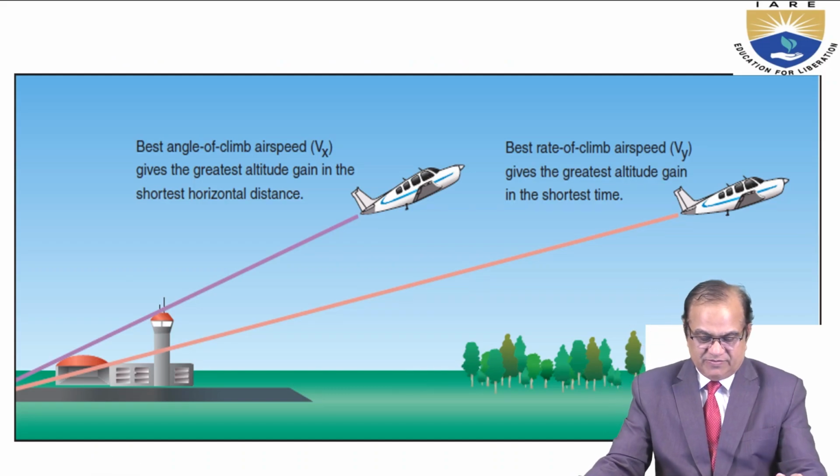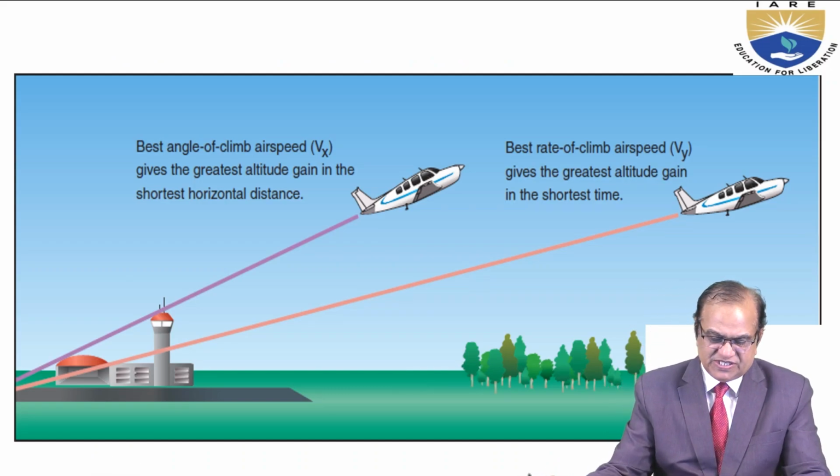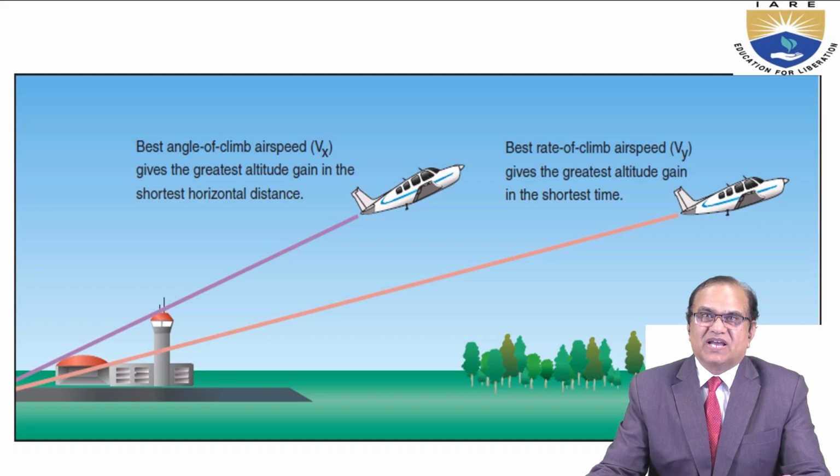Here we can see the same thing, how it is happening. This is the diagram. Best angle of climb airspeed, that is called Vx, gives the greatest altitude gain in the shortest horizontal distance.